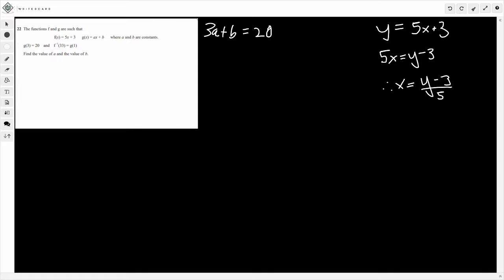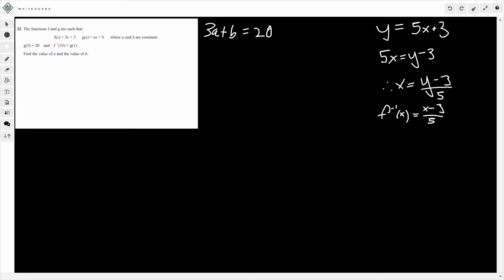And now at the end, make sure you replace it with the correct notation. So f inverse of x is equal to, and wherever there's a y here, replace it with the original x. So x minus 3 divided by 5. So that's f inverse. Now, we know that f inverse of 33 is equal to g of 1.